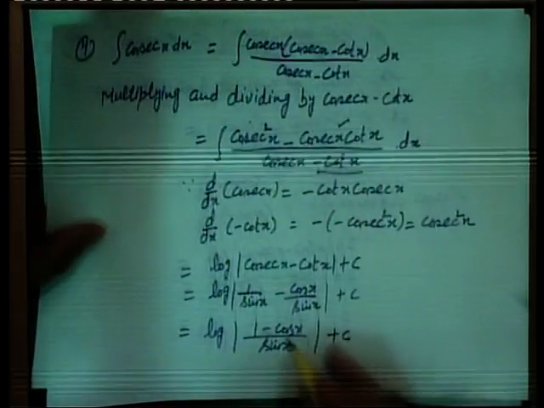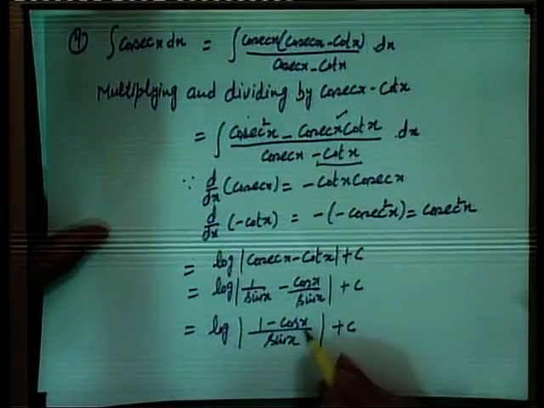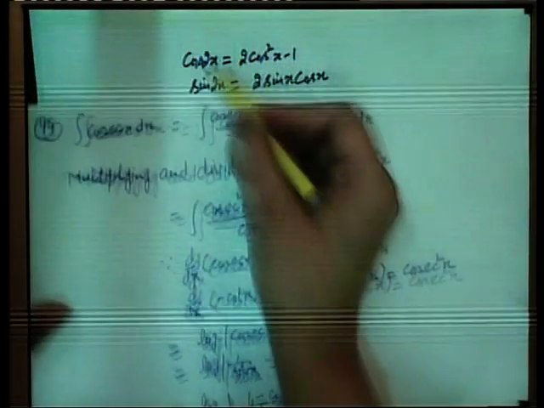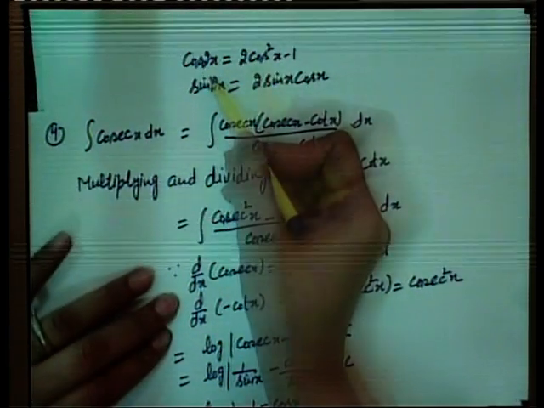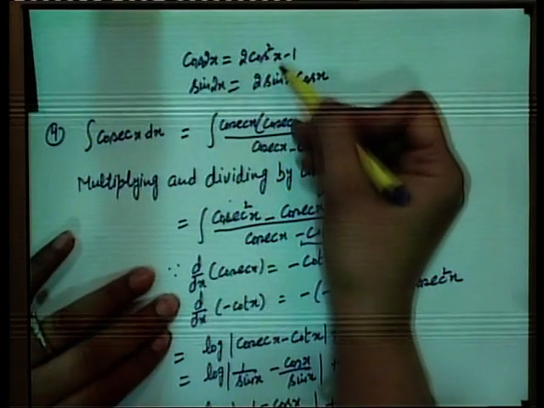Now, here instead of 2x it is x, so according to this result, if on the left-hand side the angle is 2x, on the right-hand side the angle becomes half.